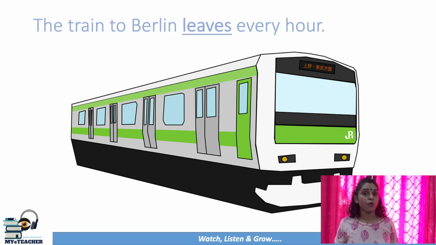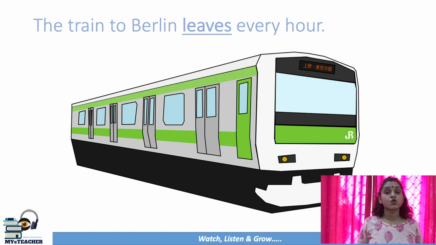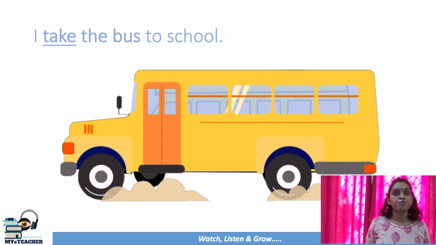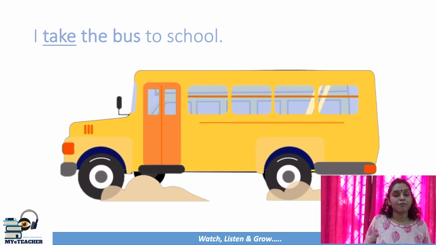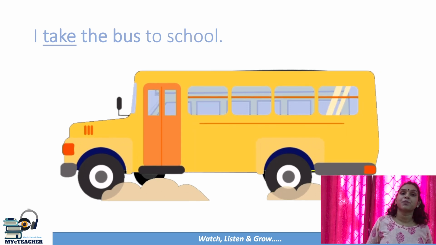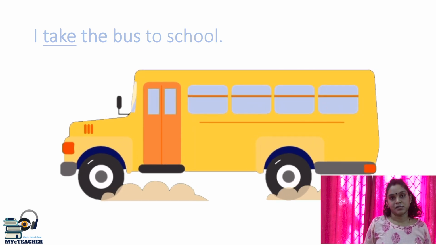So every 1 hour, the train for Berlin leaves from the station, and hence it is expressed in simple present tense. I take the bus to school every day. So if you go to school every day by bus, it is something that you're doing regularly and repeatedly, and hence it is expressed in simple present tense.